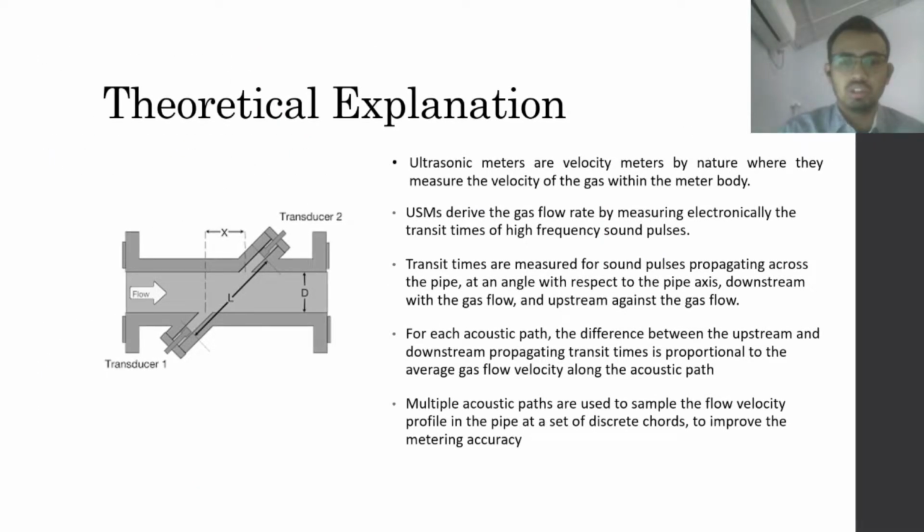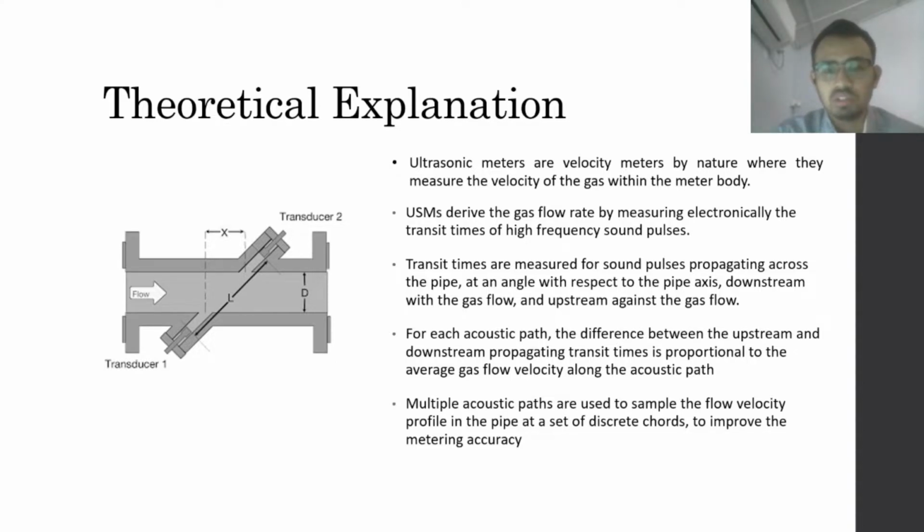For the theoretical explanation, ultrasonic meters are velocity meters by nature, where they measure the velocity of the gas within the meter body. Ultrasonic meters derive the gas flow rate by measuring electronically the transit time of high-frequency sound pulses.